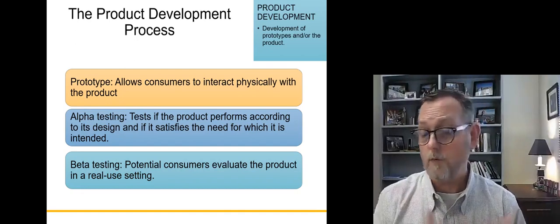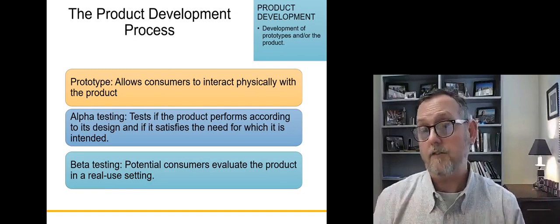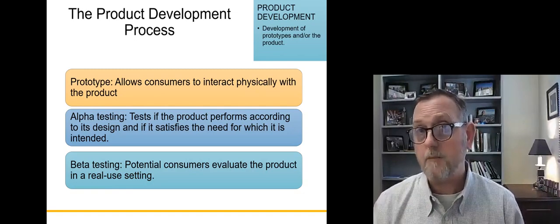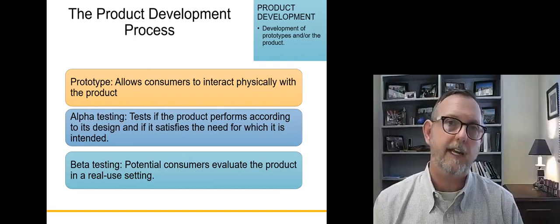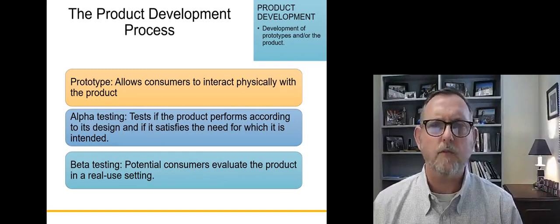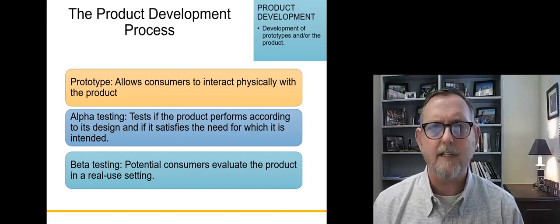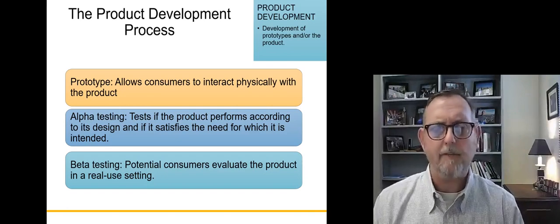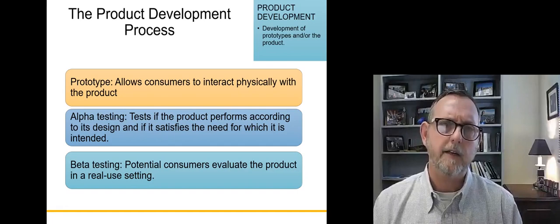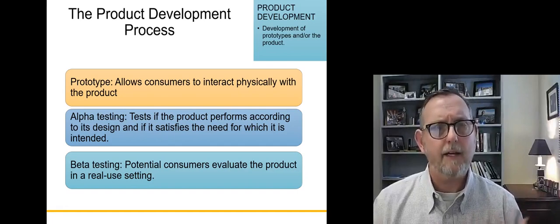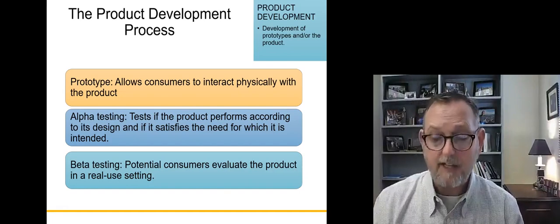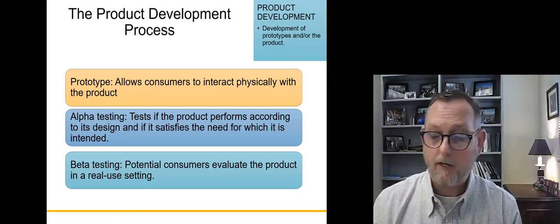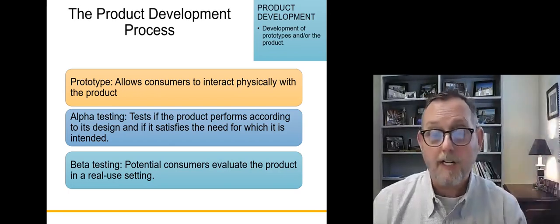Customers use it in their homes and in their regular walks of life to confirm that it works for the customer, that it meets the customer's standards. So it's an evaluation by the customer, and it's a more realistic test, and they will give feedback. If we need to make changes to the physical product, then that's when we get that feedback and we make those changes. So product development incorporates a lot of different pieces that are important.